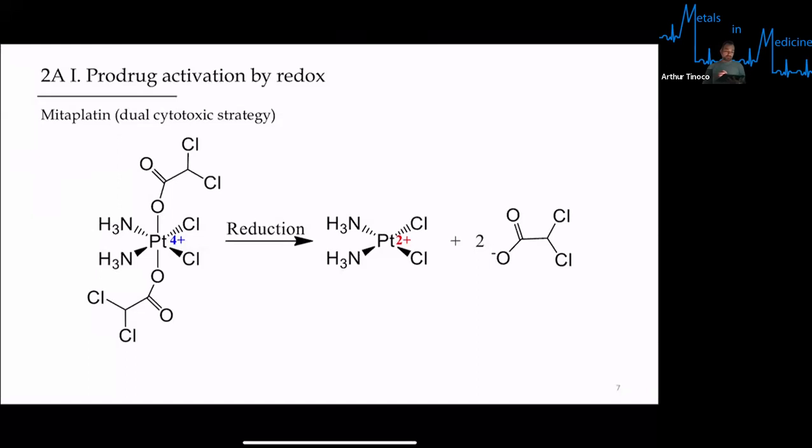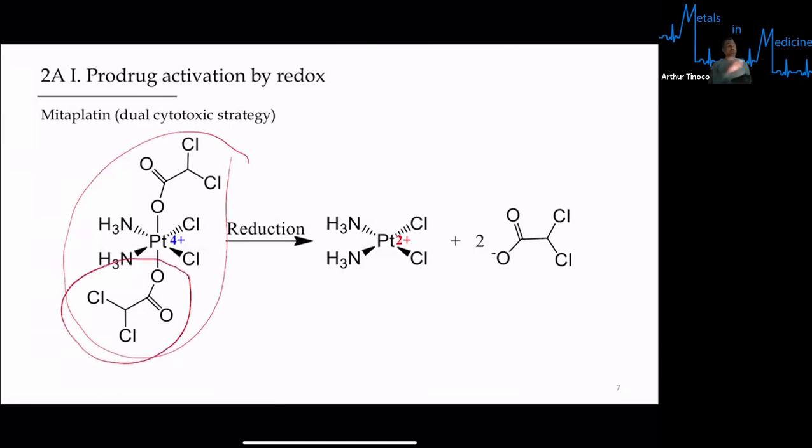Here we have the platinum-4 compound, which consists of the typical amine and the chloro group, but also this other oxygen-based ligation system, so that when this complex gets reduced, we have the formation of cisplatin, but we also have the release of this ligand. And that ligand has the capability of disrupting the mitochondrial membrane.